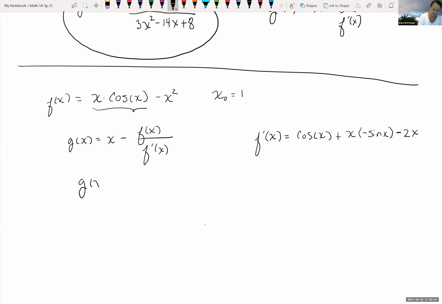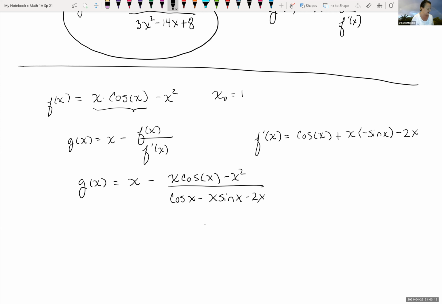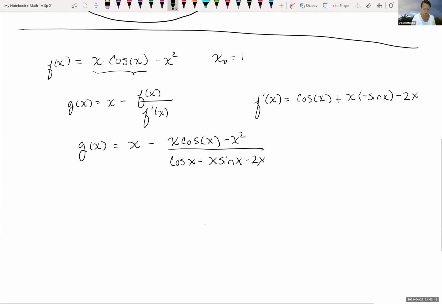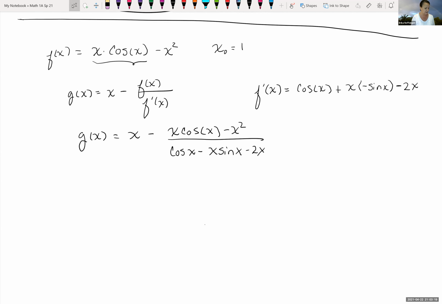So our g of x function is equal to x minus our original function, x cosine of x minus x squared, all over my derivative, which I'm going to write as cosine of x minus x sine of x minus 2x. So we want to make sure that our terms are in radians.